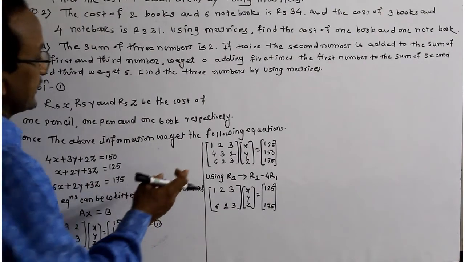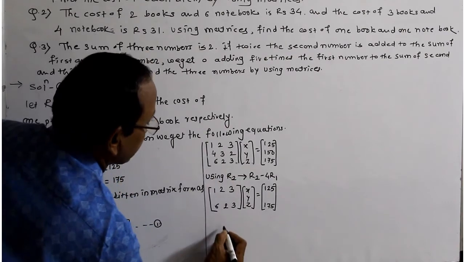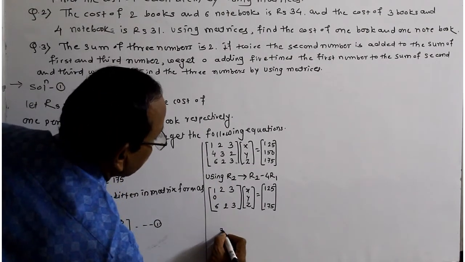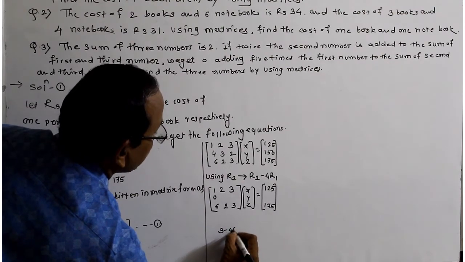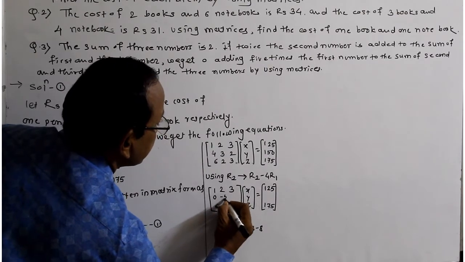Now operate R2 minus 4 times R1: 4 minus 4 is 0. 3 minus 4 into 2, which is 3 minus 8, means it is minus 5.